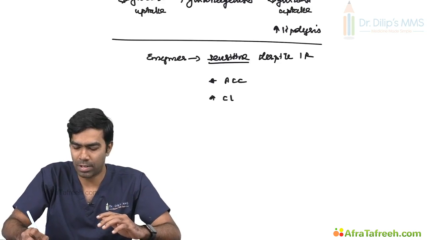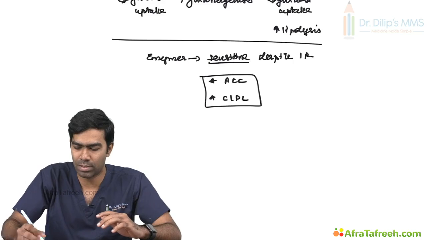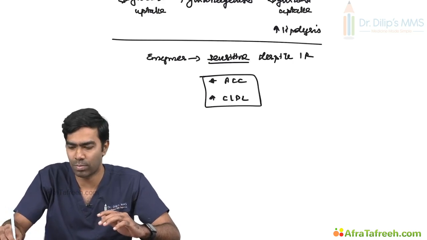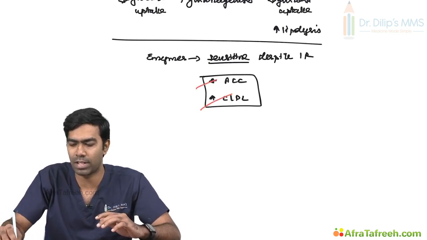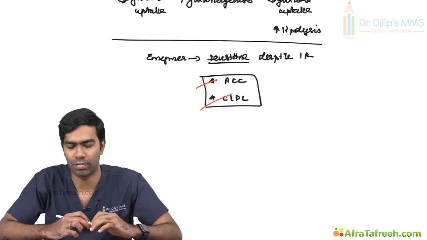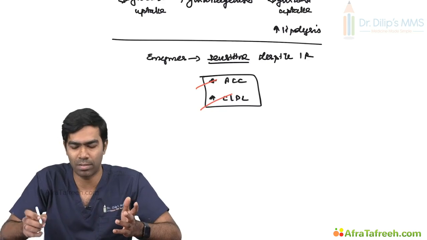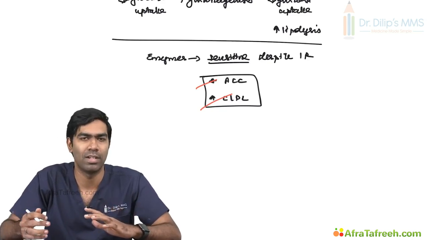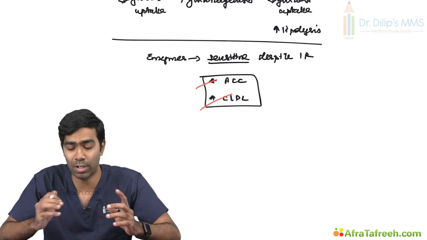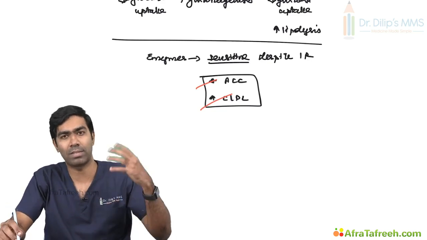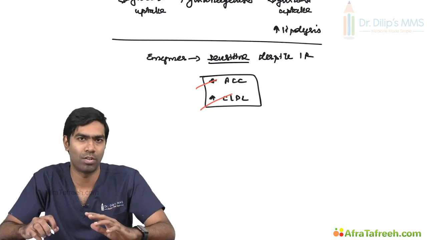And the second enzyme is capillary lipoprotein lipase. These two enzymes retain their sensitivity, and this is going to be another major problem in the setting of type 2 diabetes mellitus that we're going to face. A lot of enzymes are actually resistant, but these two enzymes relatively are sensitive in the setting of insulin resistance, and because of hyperinsulinemia, these enzymes can actually be more stimulated, to be frank.